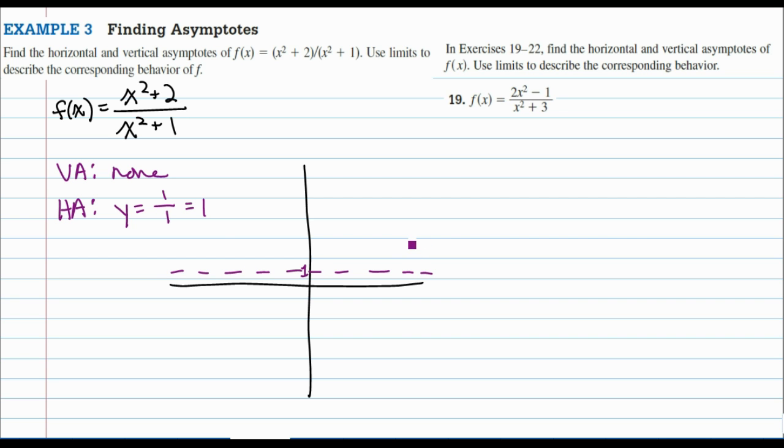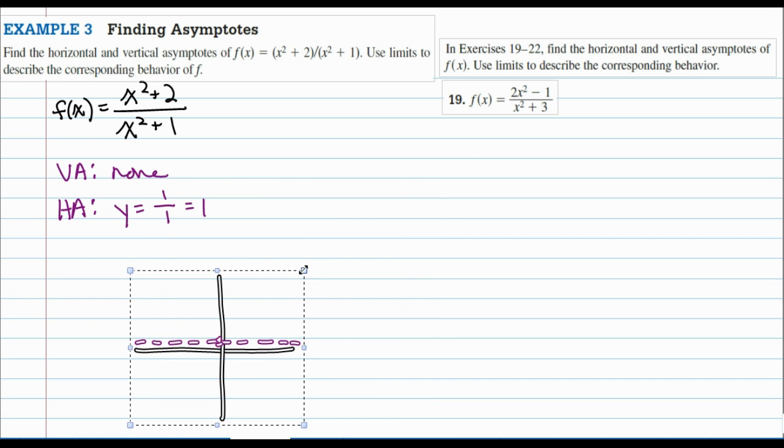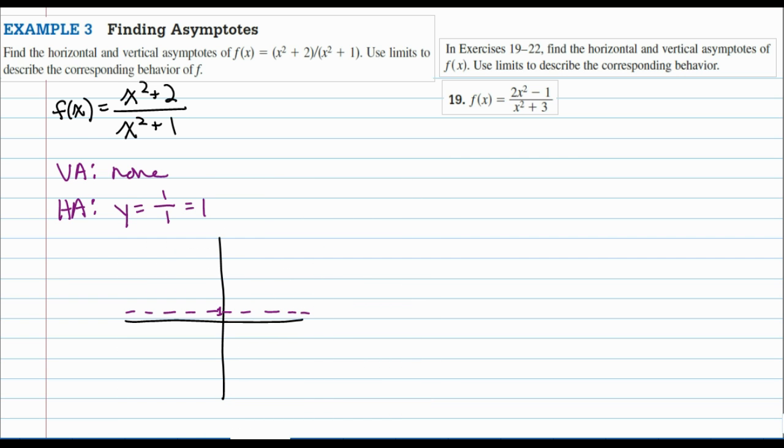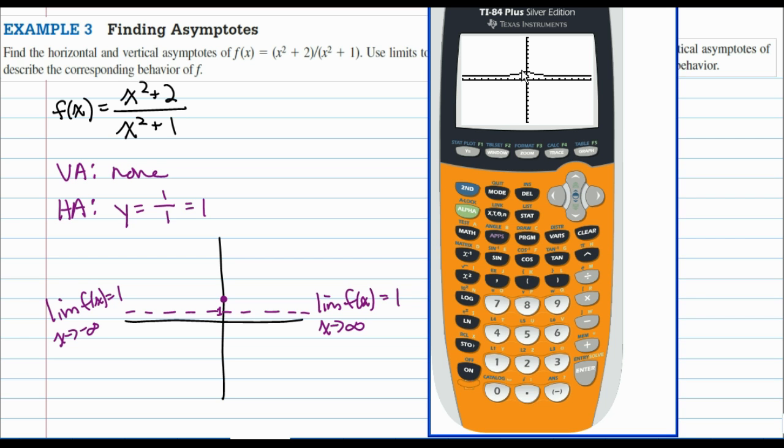So I can tell you right off the bat, before we even graph, that the limit of f of x as x approaches positive infinity is going to be 1, and the limit of f of x as x approaches negative infinity is going to be 1. Now let's see what that graph looks like. Of course I checked it on my calculator just to make sure I was right, and without even sketching the graph, I could accurately predict the limits of the end behaviors.